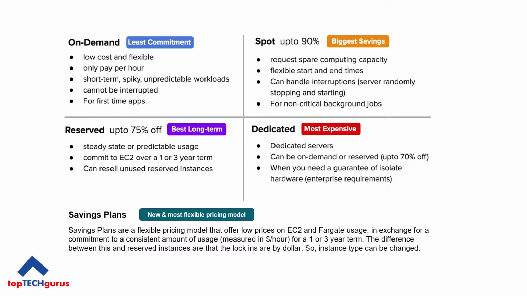So for those people who have requested spot instances, that spare capacity gets used. But the problem with the spare capacity is that these can run at any time during the day or can be interrupted anytime during the day.